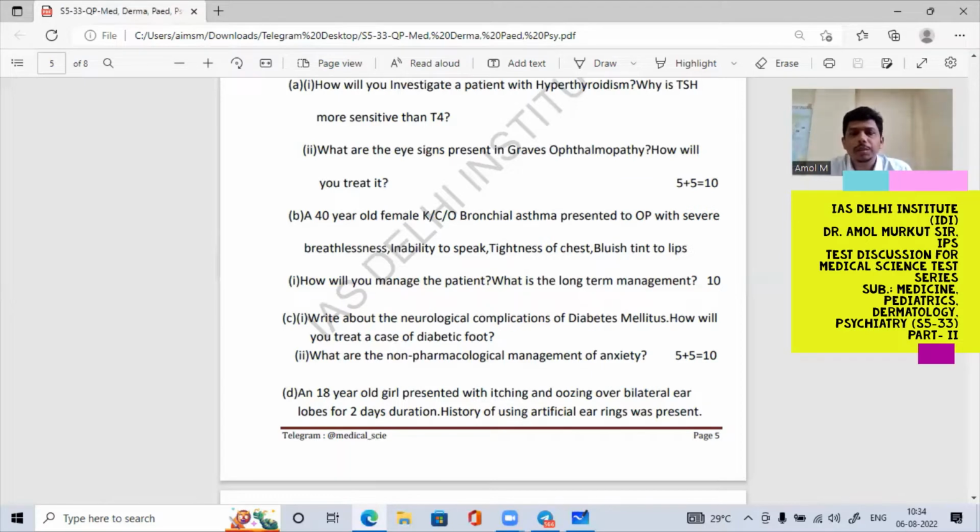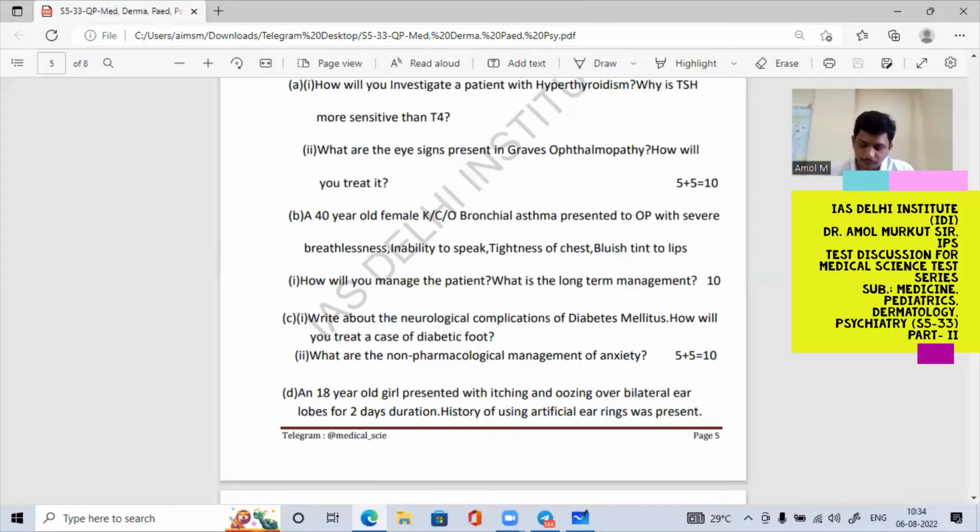This is usually the management for long term bronchial asthma. Then we can add methylxanthines orally, or oral steroids, which are not usually required, but we can add in severe cases.